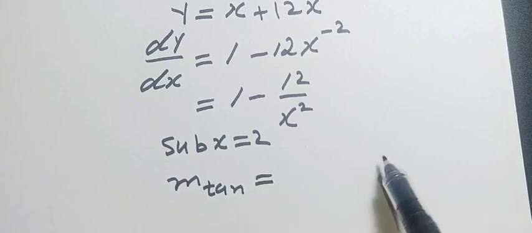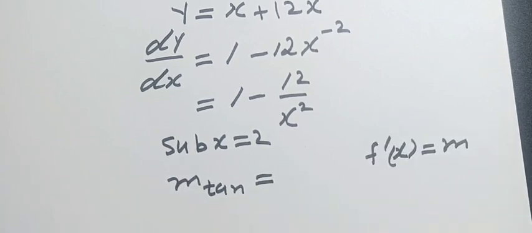Why do I say this? Must remember the derivative of the graph is equal to the gradient of the tangent. So the derivative is a gradient. We already found the derivative, so that's going to be the gradient of that tangent line.